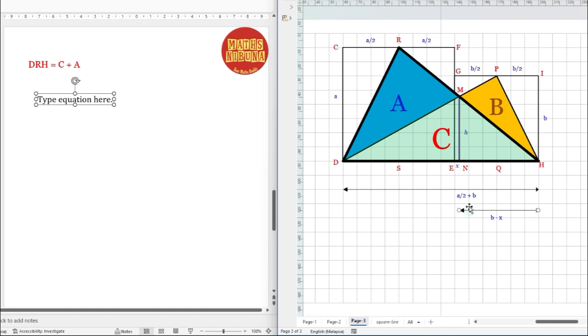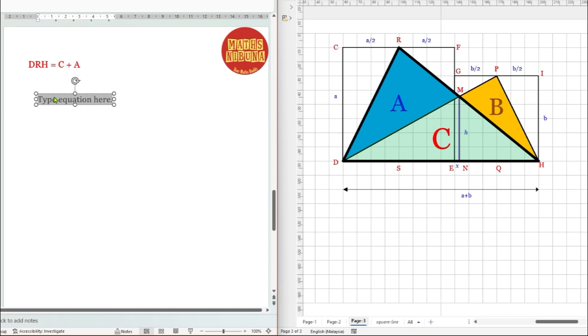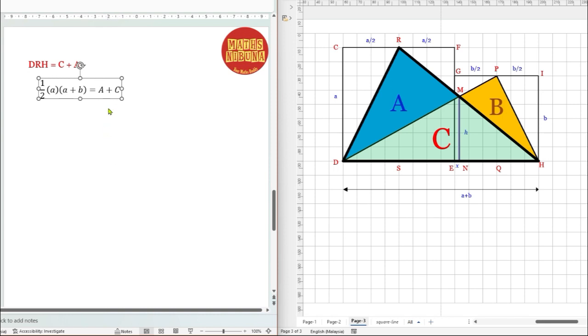So delete. A plus B is the base of DRH. So I can say 1 over 2 times the height times the base A plus B equals A plus C. This is from this triangle. Now what is C and what is A we don't know.